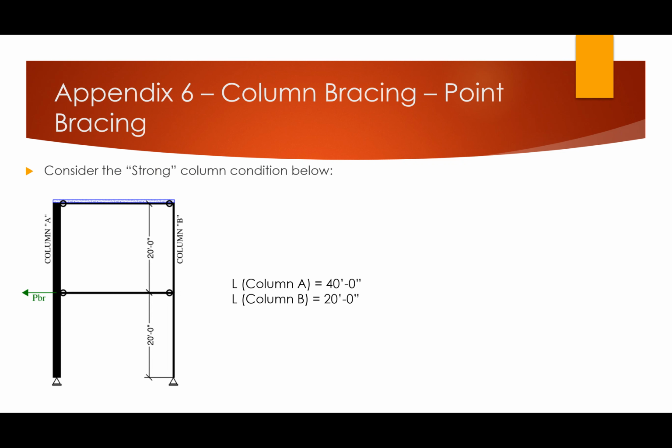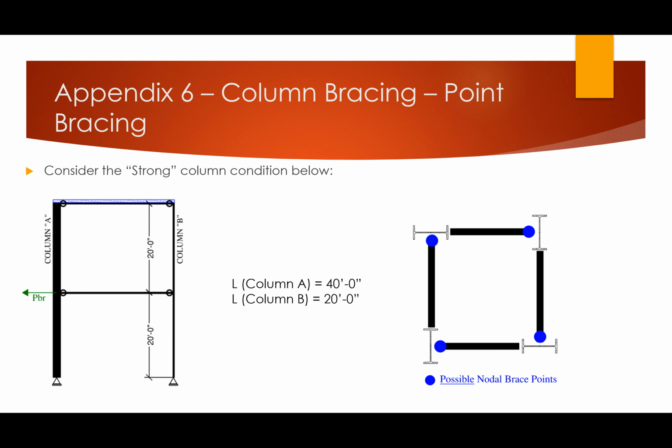And of course, you have this bracing force applied to column A. In order to prove that this is the case, you have to apply that load at the brace point and show that column A both meets strength requirements and also does not deflect enough. In other words, meets stiffness requirements as well. So there you have it. Column B would be braced in this condition.